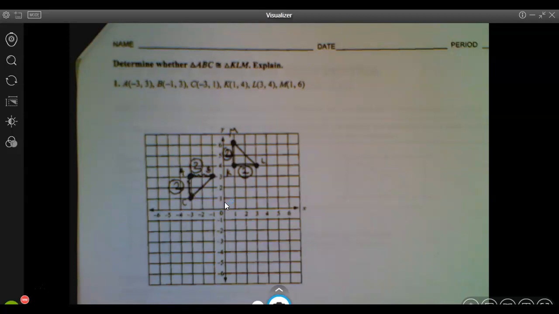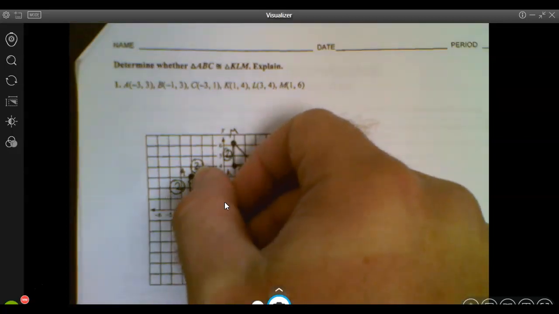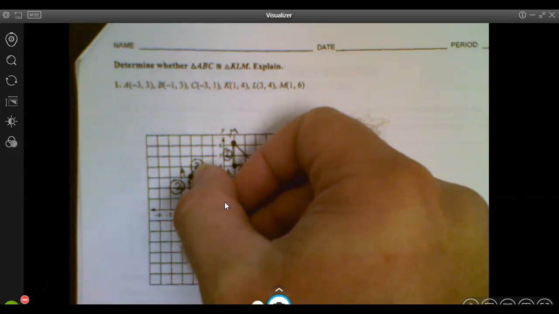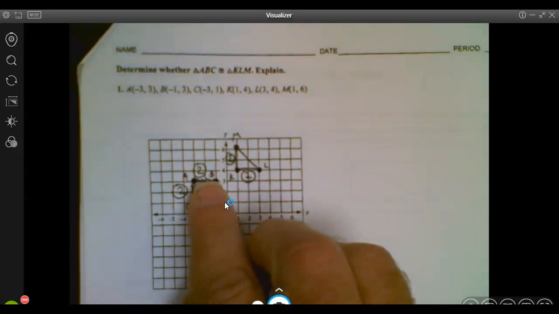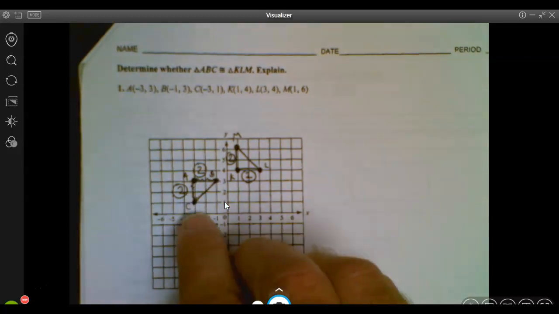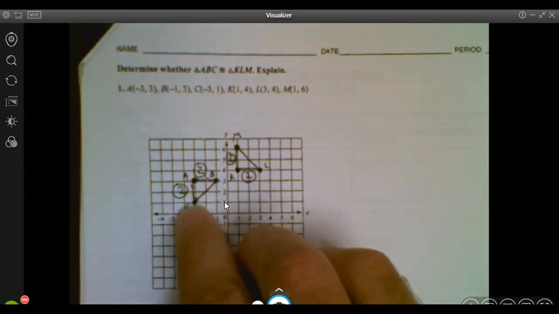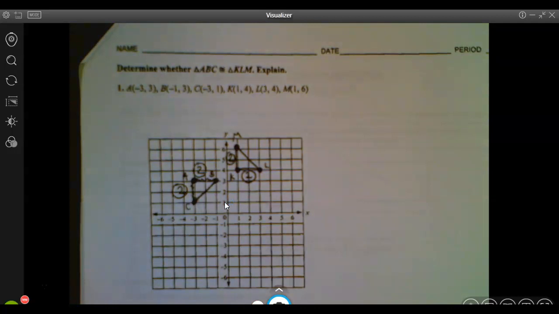How could I use side, angle, side? Well, if you look at these triangles, I can see that AB has a slope of undefined and AB has a slope of 0. As I look at these, I could show that those 2 lines are perpendicular, therefore they form right angles, therefore right angles are congruent, and I could come up with SAS.